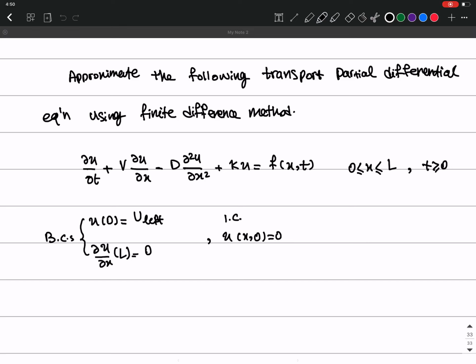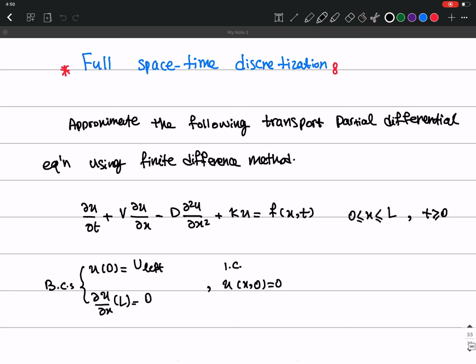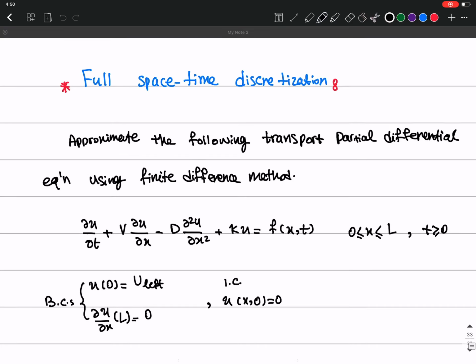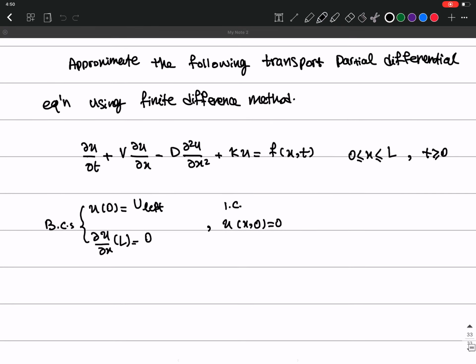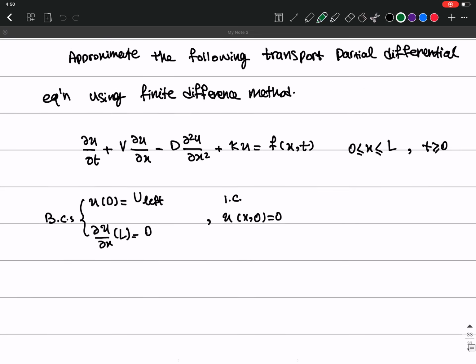Okay, so the first step to answer this question and do this approximate full space-time discretization is to first discretize this problem in space. So that is the first thing that we do. So let me just write it down. Step 1.